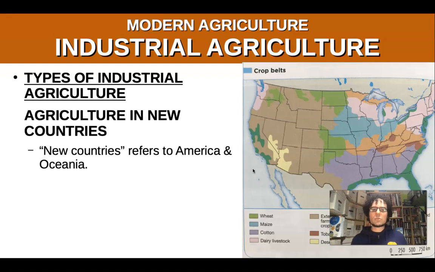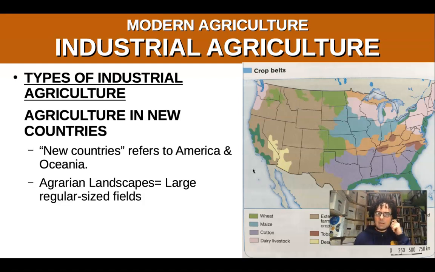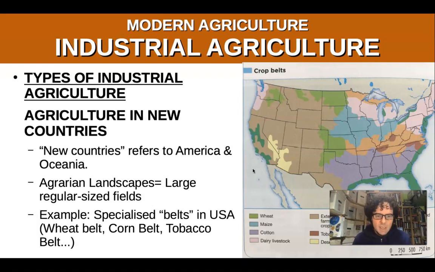New countries refers to America and Oceania, okay? This agriculture of new countries generates an agrarian landscape with large, regular-sized fields. And one notable example of this is the specialized belts in the United States of America. The Wheat Belt, the Corn Belt, the Tobacco Belt, etcétera, etcétera. In this map you can see them.